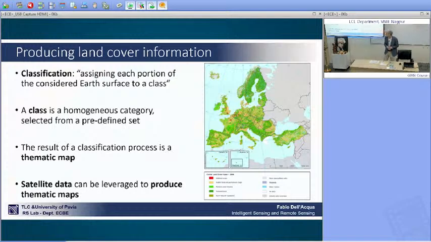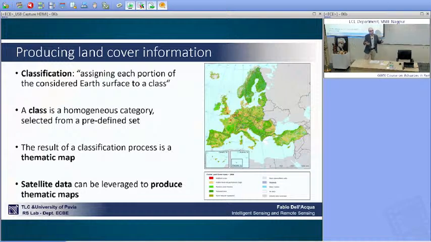Okay, so thematic maps can be, now let me point this out. Thematic maps do not need satellite data in order to be produced. We have produced thematic maps for centuries without satellite data. Okay, so we are putting together two things here. We have the concept of thematic map, which is what is there, what is located there, what are the features there.